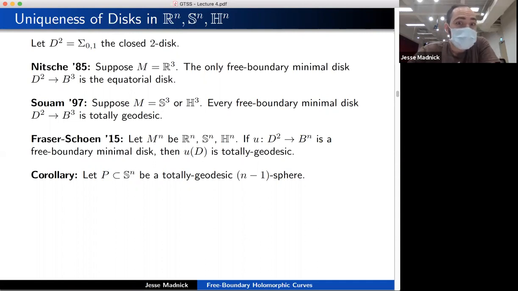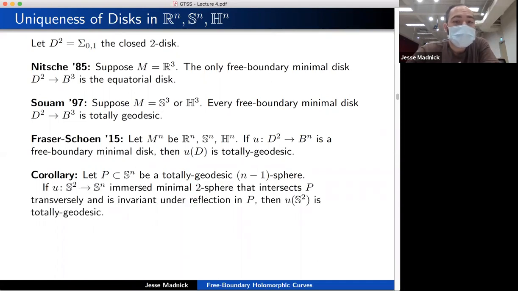And it has an interesting corollary, just by the way, that pertains to closed minimal surfaces in spheres. Let P be a totally geodesic n-1 sphere inside the n-sphere, and let U be an immersed minimal 2-sphere, just topologically a minimal 2-sphere, which intersects this n-1 sphere P transversely.